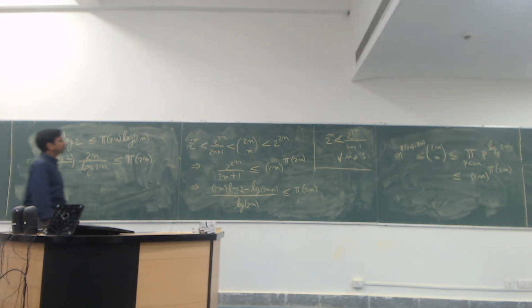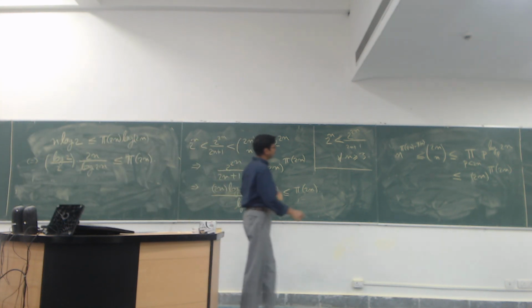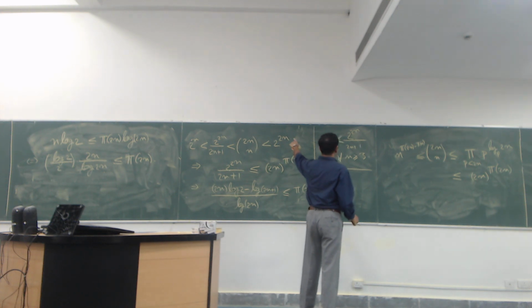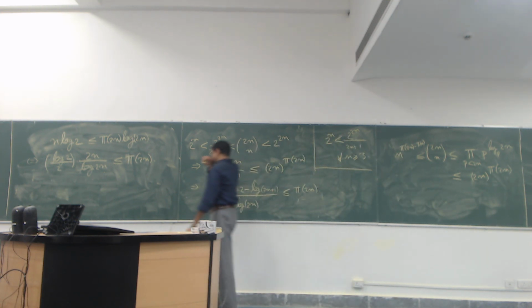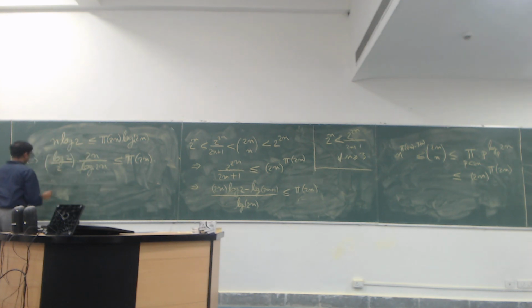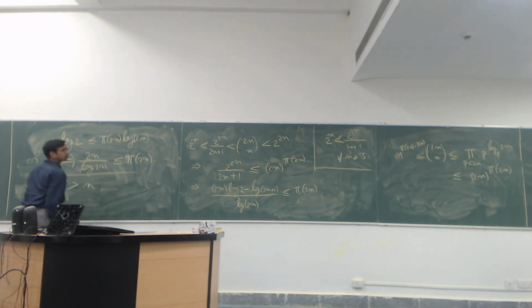Now let's check what we are getting from the right hand side. Here, 2 to the power 2n is larger than this one. So this one was from one side and this one is from the other.